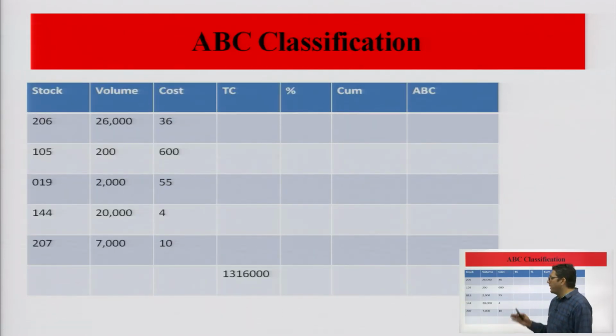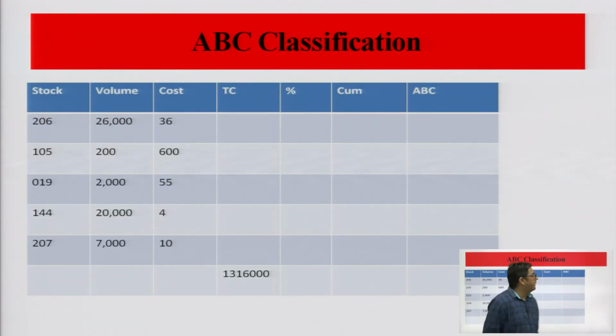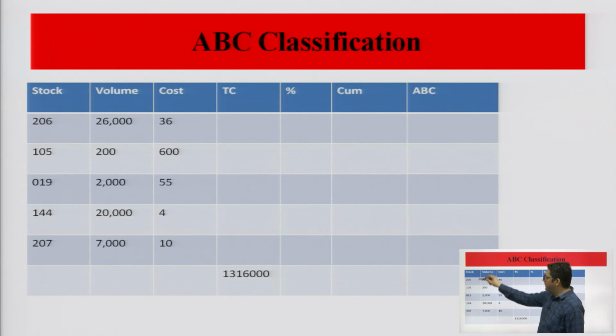Now, let us see a numerical. This is the information we are given. These are the codings for stock. In the second column is the volume of a specific item, coded as 206, 200 of stock coded as 105, and so on. Cost is mentioned over here. First, we need to calculate the total cost.